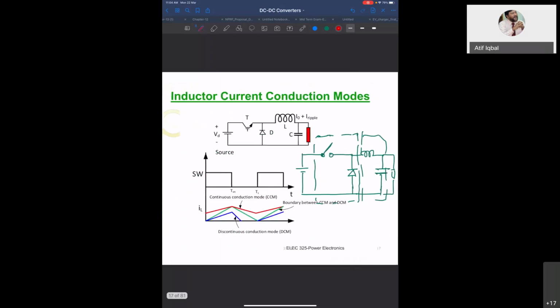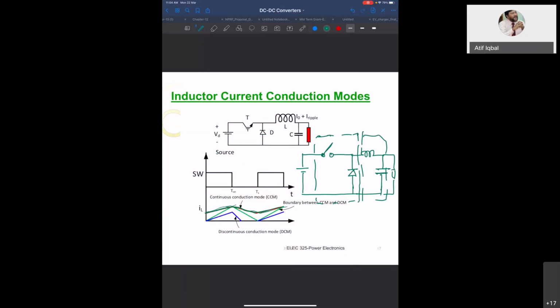Now if you look at the inductor current conduction modes, this is the current through the inductor. This is called continuous conduction mode because the current is always positive and constant.